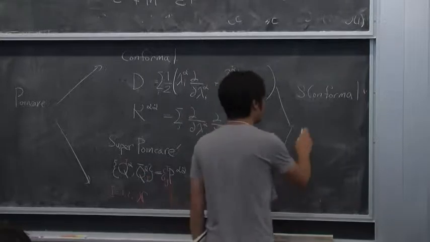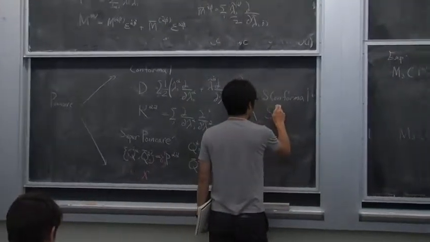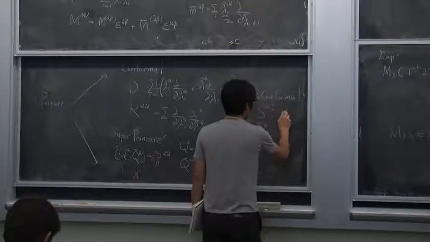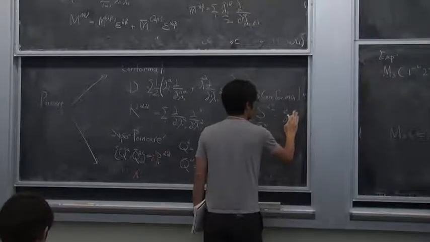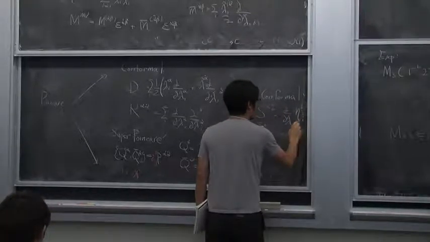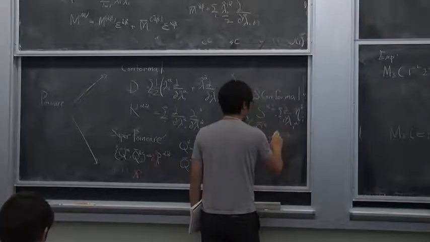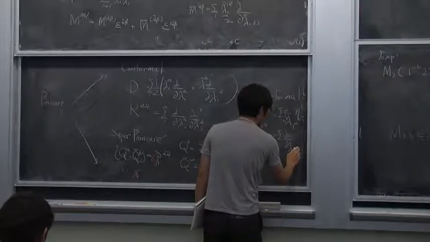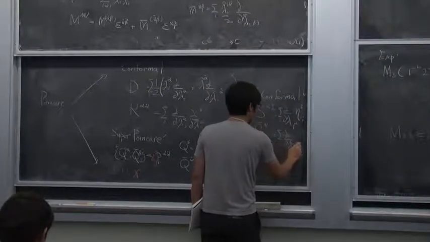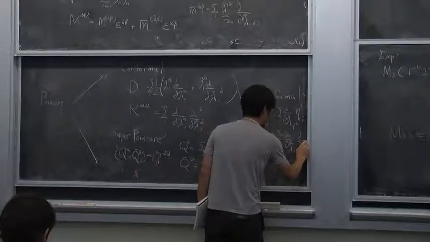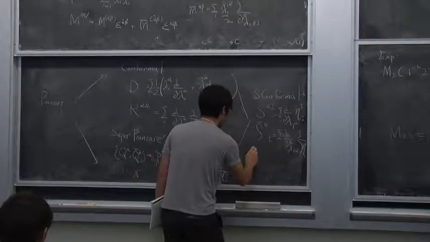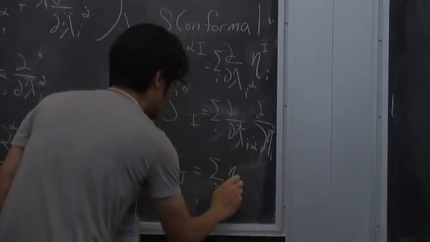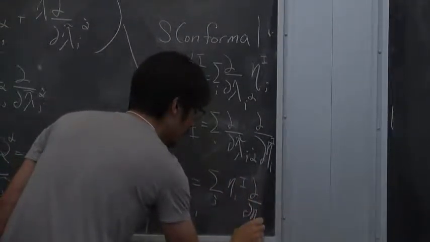And you'll find that you need to introduce what are called the conformal SUSY generators, S alpha I and S bar alpha dot I, which are basically sums of partial lambda eta I, and sums of partial lambda tilde alpha dot partial eta I. And you also get what are called the R symmetry generators, R I J, which is basically a sum of eta I partial eta J.